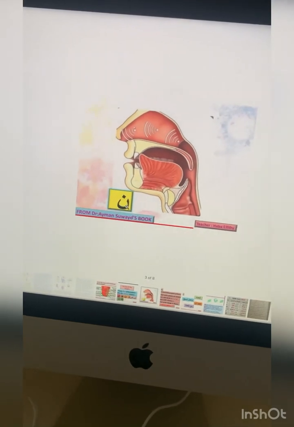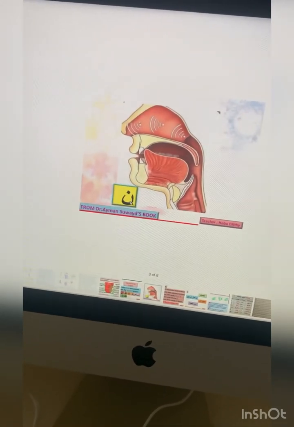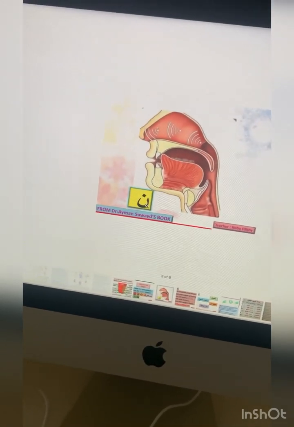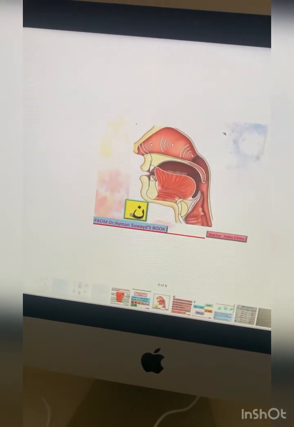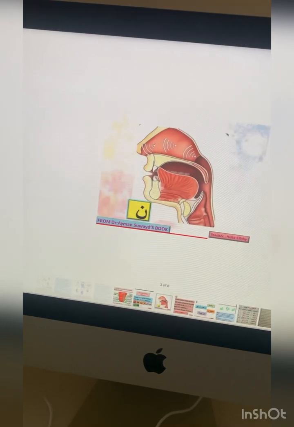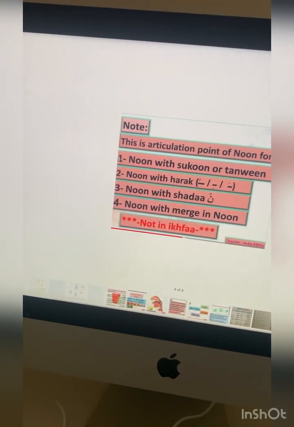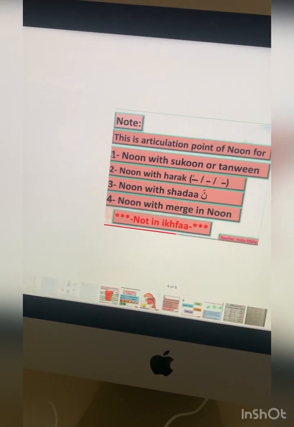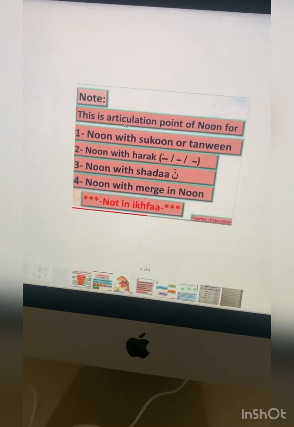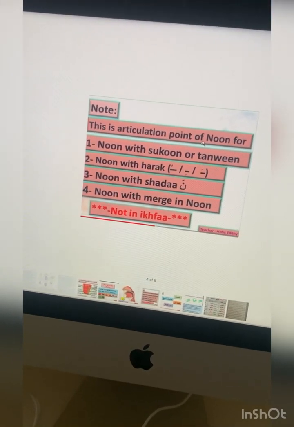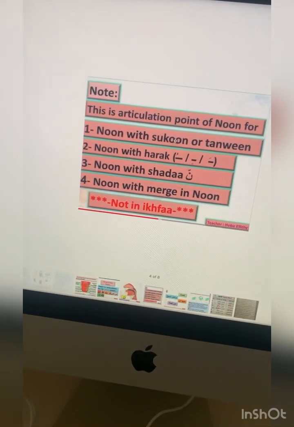This is not only the case for Noon sakin or Noon tanween; there are some more situations where the same process needs to happen when you're pronouncing the Noon. This is the articulation point of Noon for Noon with sukoon.